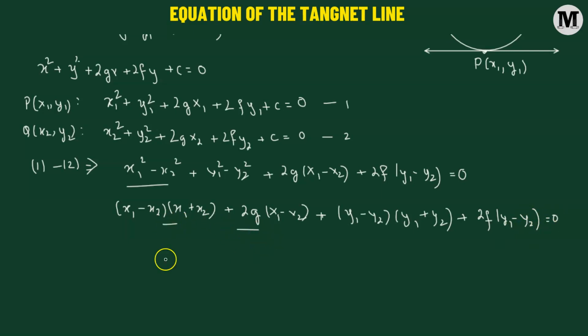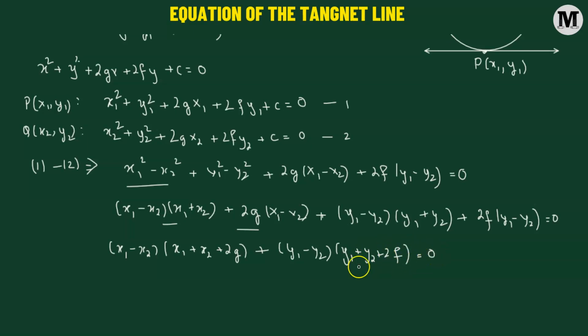So from these two terms, let's take x1 minus x2 as the common factor. Now this will get multiplied to x1 plus x2 plus 2g, added to, now we will take y1 minus y2 as the common factor. So that will get multiplied to y1 plus y2 plus 2f equals 0. Fine.